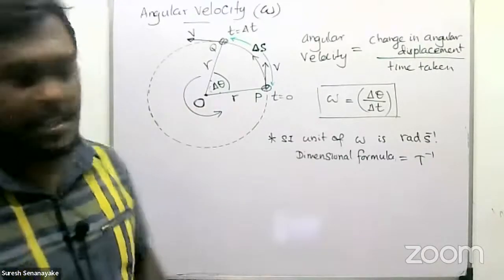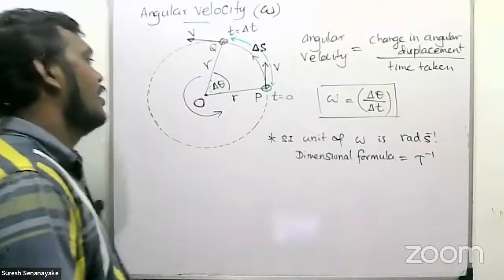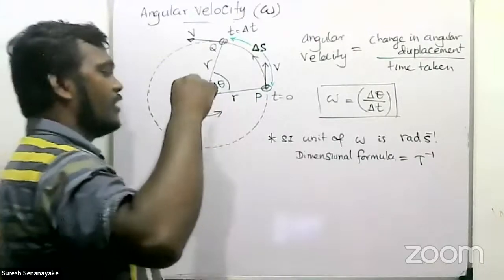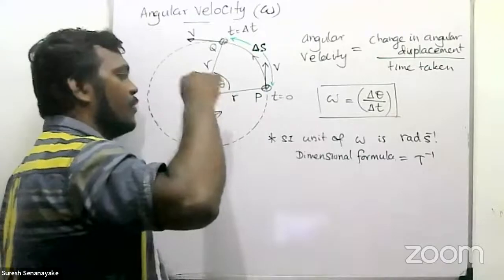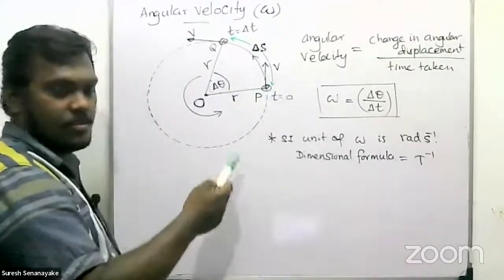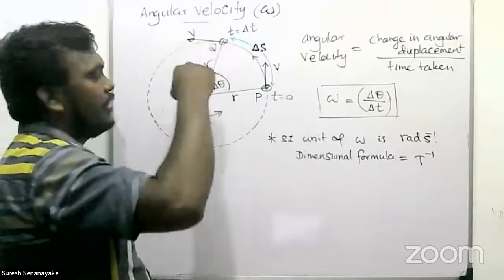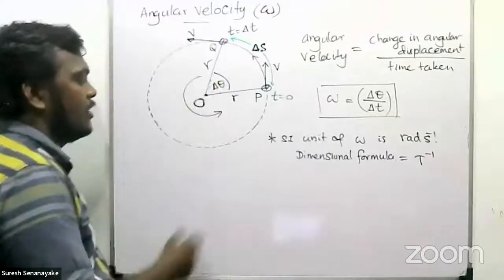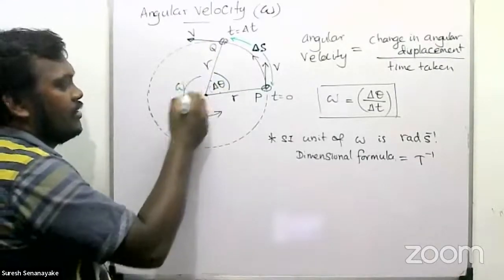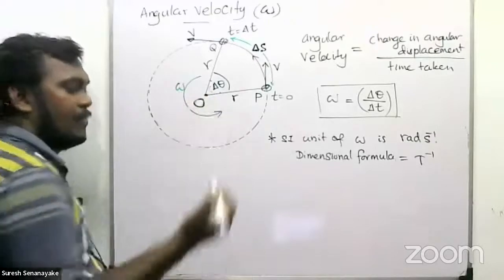The velocity comes along the rotation axis. And if the axis of rotation passes perpendicular to this plane, then the angular velocity vector can be written as into the board or out of the board.